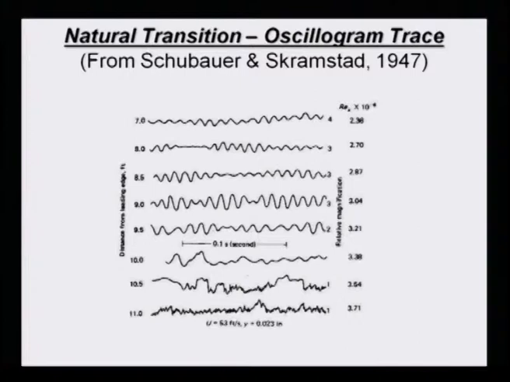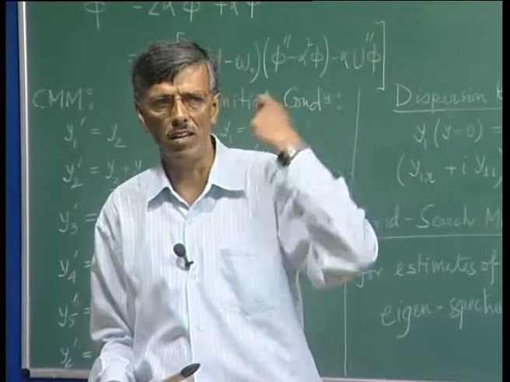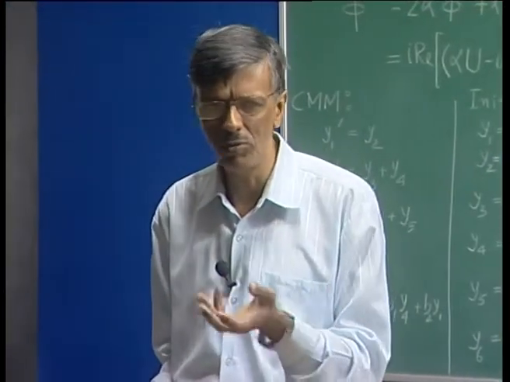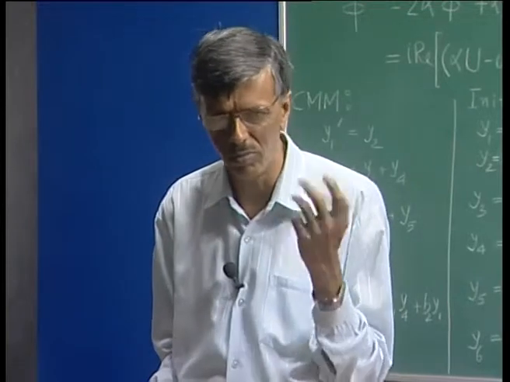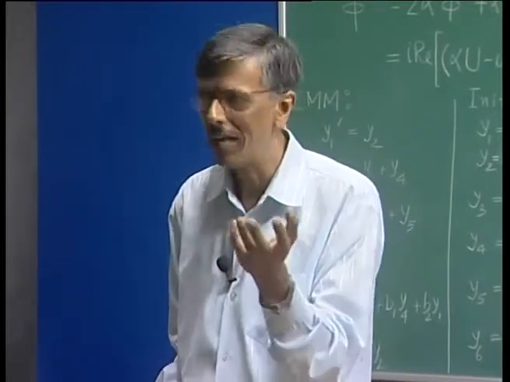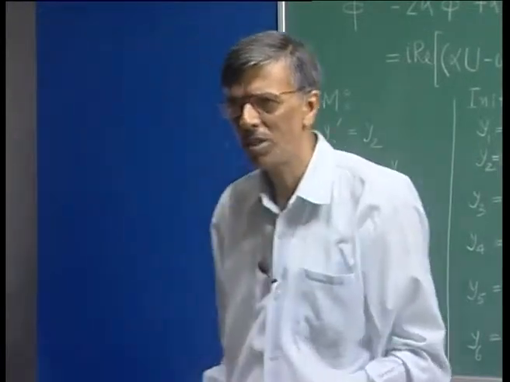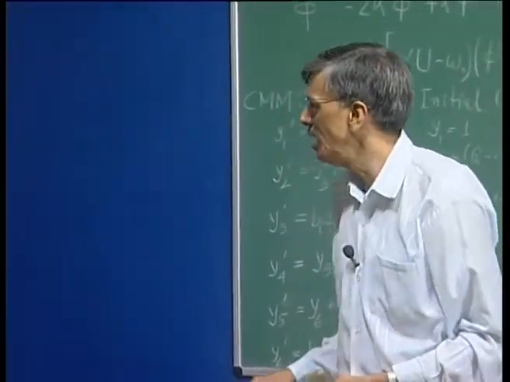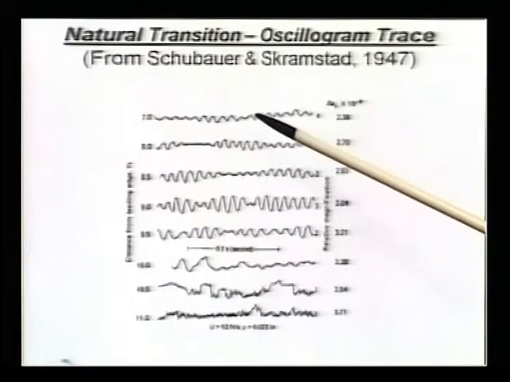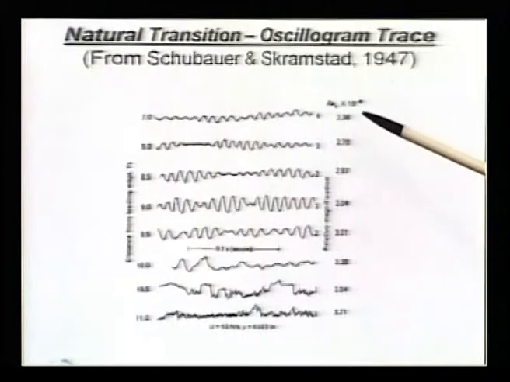Now, what is it that you are seeing here? What you are seeing here is essentially that you take a signal, okay? You put in a probe. What kind of a probe? You just put in a hot wire probe inside the boundary layer and put the signal on an oscillogram, and in the oscillogram this is what you are going to see.